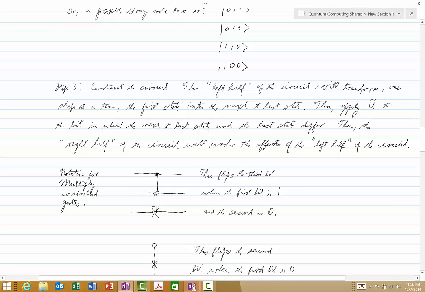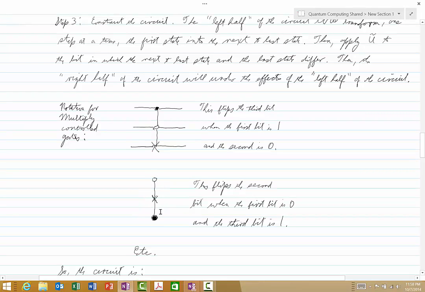And so the third qubit, when we go through this X, will always remain the same, except when the first qubit is 1 and the second qubit is 0. In that case, the third qubit will toggle or flip.